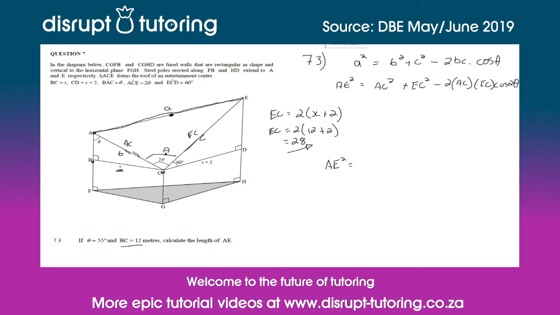So we can write that as x over sine theta squared plus EC, which we've calculated to be 28 squared, minus 2 times x over sine theta, because we're substituting in for AC again, times 28 times the cos of 2 times theta, and they've told us that theta is 55, so that's going to be 110.